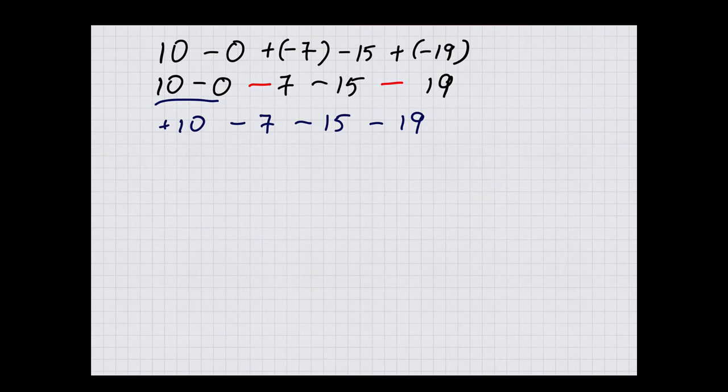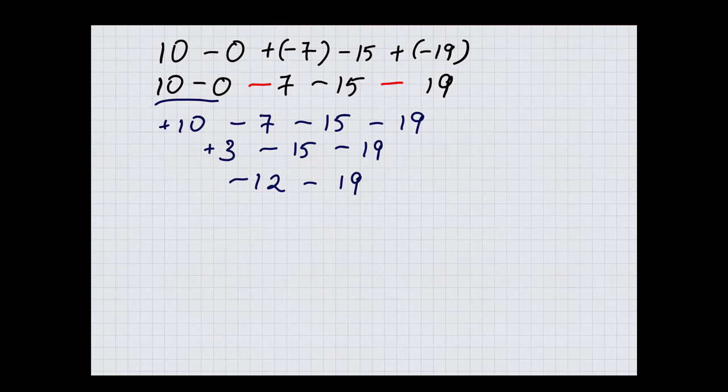10 is positive, so we have different signs. We look for the difference of 10 and 7, which is 3. And we have more positives, so it's a positive 3. Minus 15 minus 19. 3 and 15 have different signs, so we look for the difference between 15 and 3, which is 12. And we have more negatives.